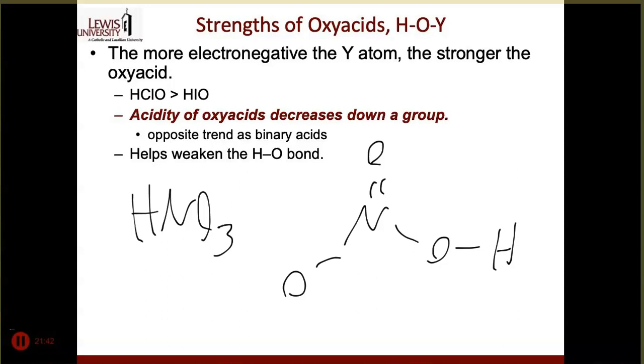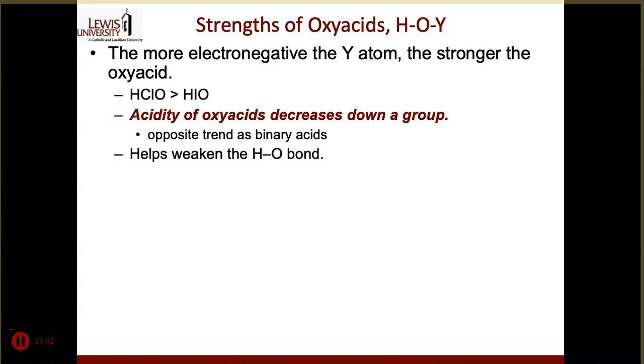And the hydrogen then, the acidic hydrogen here, is this hydrogen. And this hydrogen can come off into solution to create H+. So what we're going to focus on is what we call the Y, which is the central atom in that oxyacid, right? So we see that something like HClO is a much stronger acid than HIO, and this is an electronegativity effect.